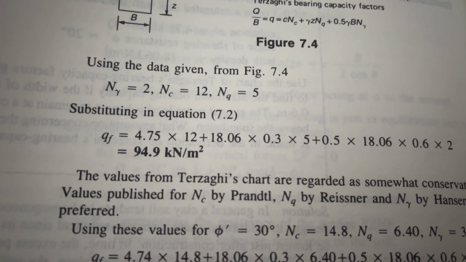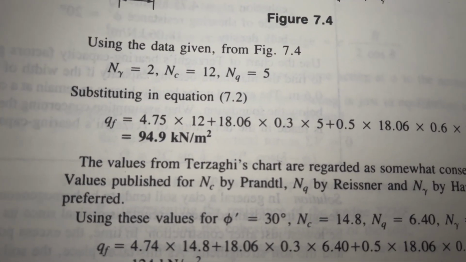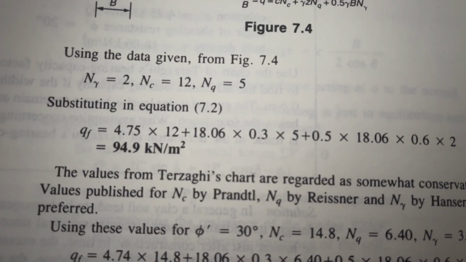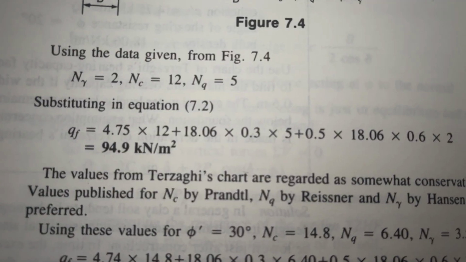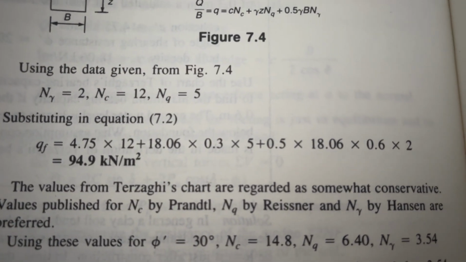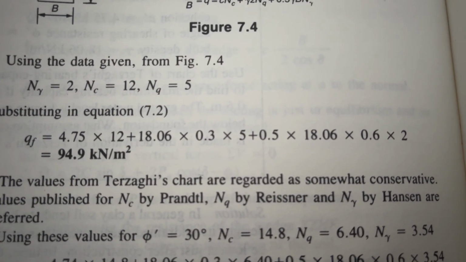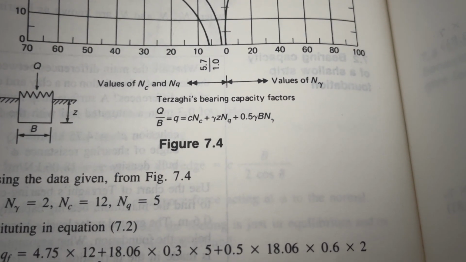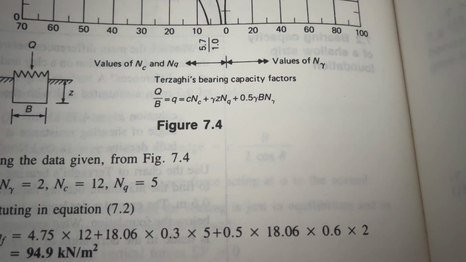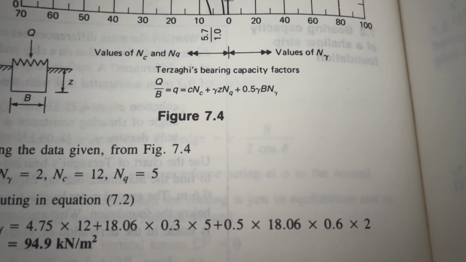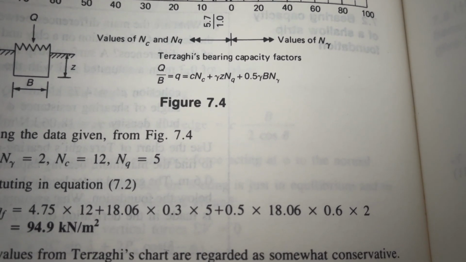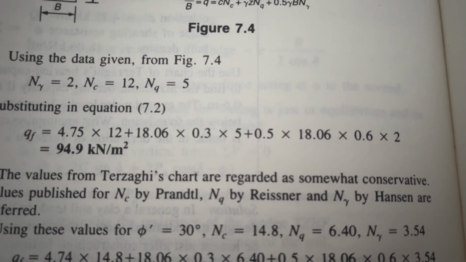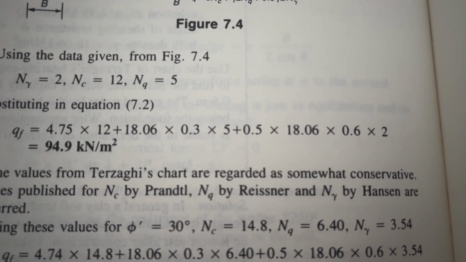So q_f equals 4.75 kilonewtons per meter squared times 12, and the depth factor is gamma z N q, that's 18.06 times 0.3, which is the depth, times 5.